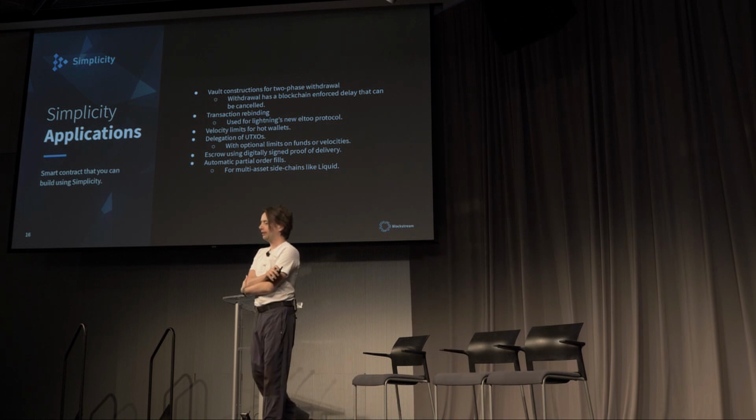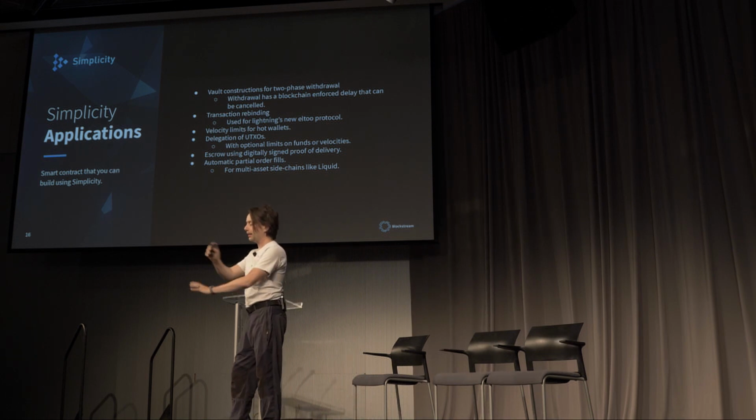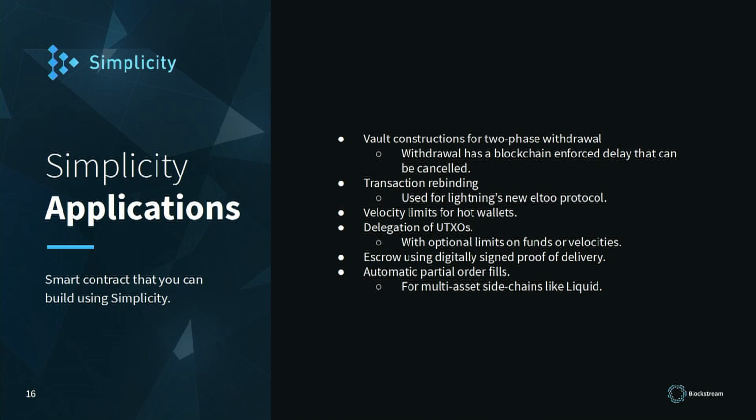Simplicity has a lot of applications. The way it's going to be deployed is that right now I have built a branch off the Elements project. Elements is a sidechain developed by Blockstream based on Bitcoin Core code.